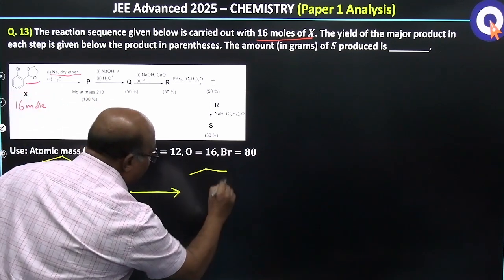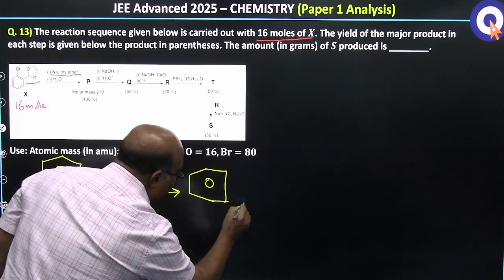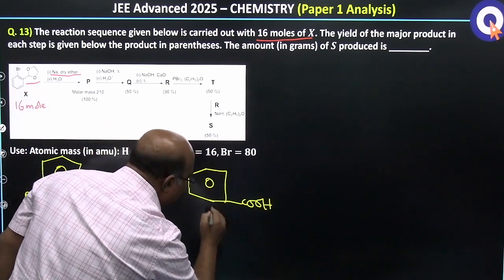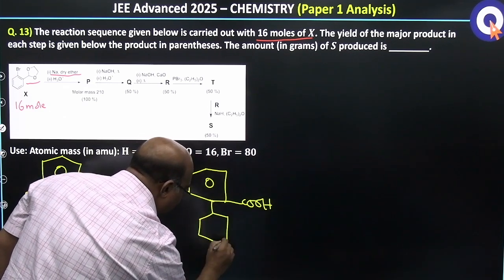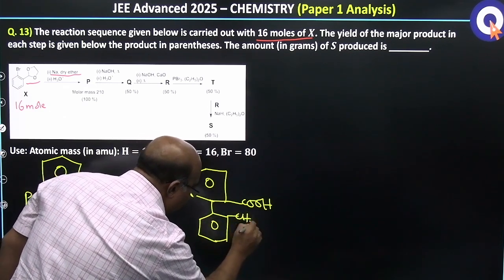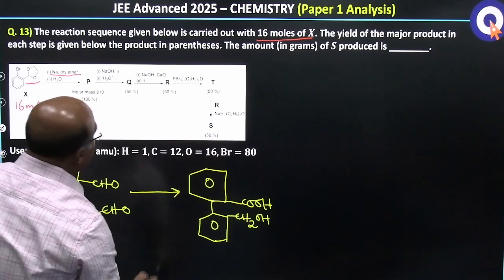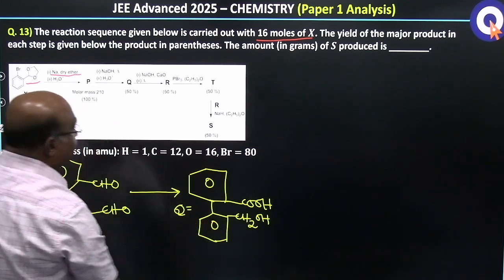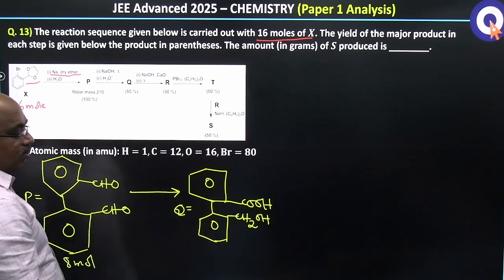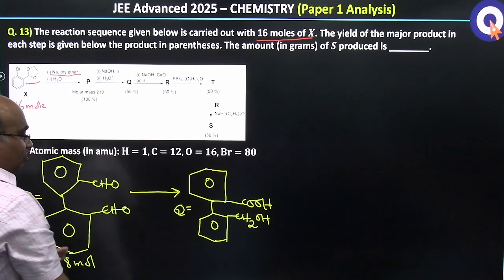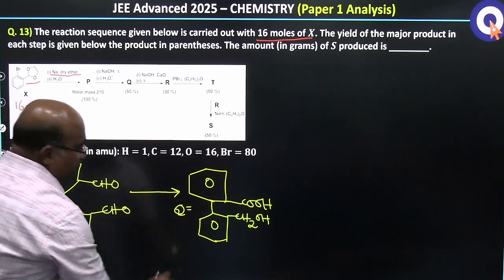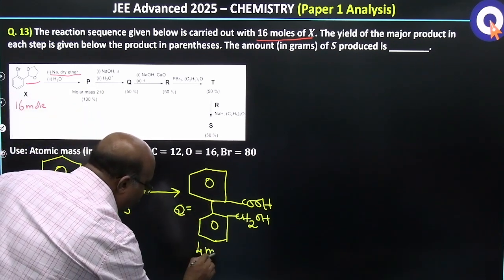So it is finally converted to the acid because it is protonated, with CH2OH. So this is Q. But he said the yield of this reaction is only 50%. So for 8 moles you should get 8 moles, but here it is 50%, so only 4 moles.